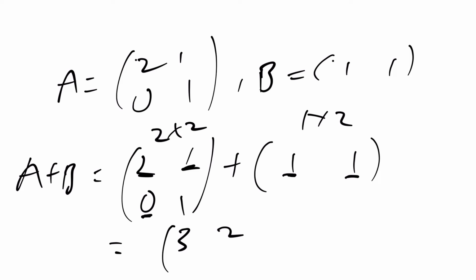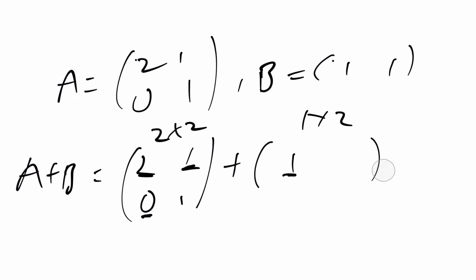But in matrix B, there's no element that corresponds to row 2, column 1. Hence, the addition won't be possible. So that's why we say the matrices' orders should be the same.